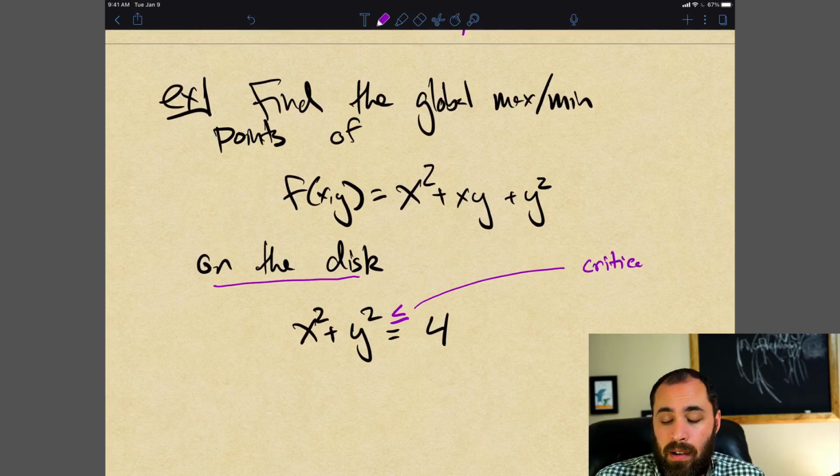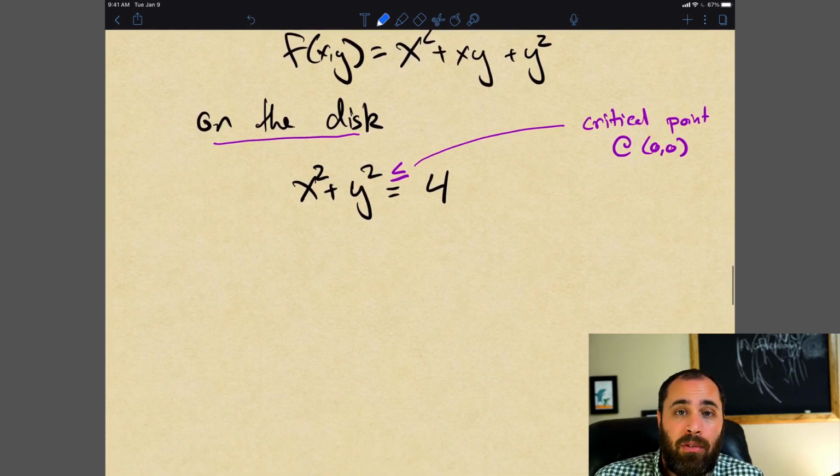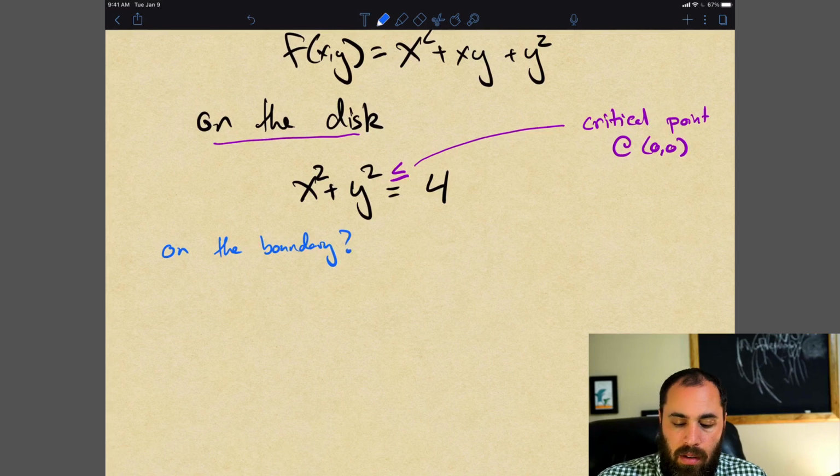I won't do that right here, but you should check, there's a critical point at 0, 0, right in the middle of the disk. But to ask what's happening on the boundary, we'll use the method of Lagrange multipliers. So to do that, we need to know the gradient of the function f.